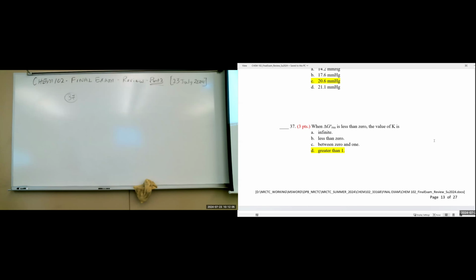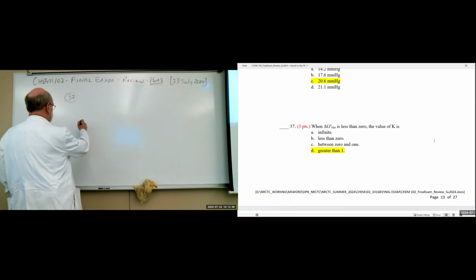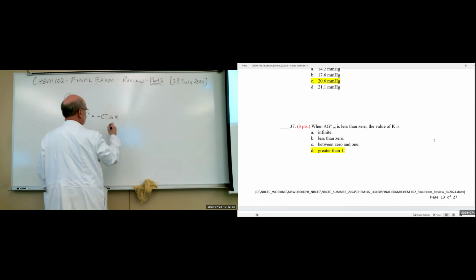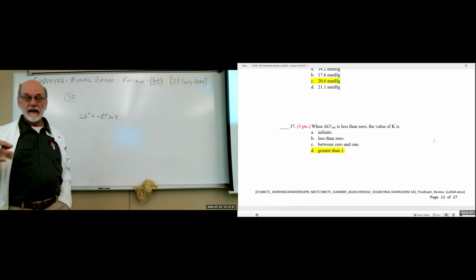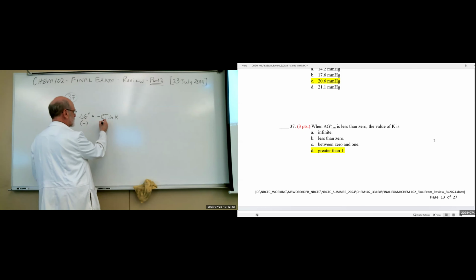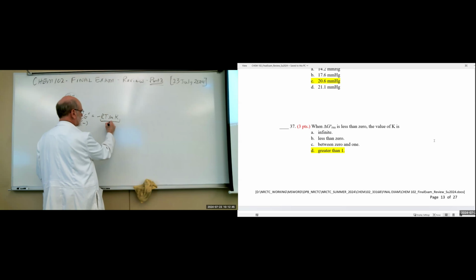I'm looking for the equation here that I gave you guys. Yeah, delta G 0 equals minus RT log K. If delta G is less than 0, that is, it's spontaneous, that means this value has to be positive.